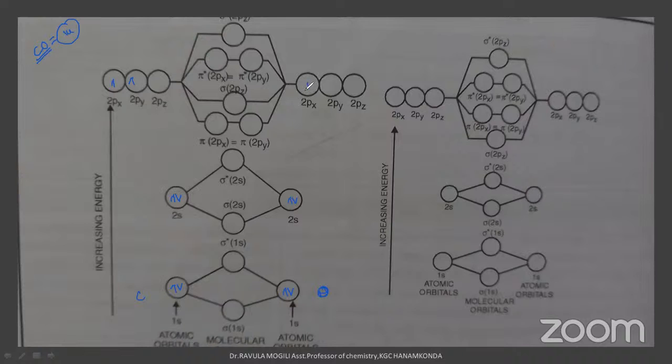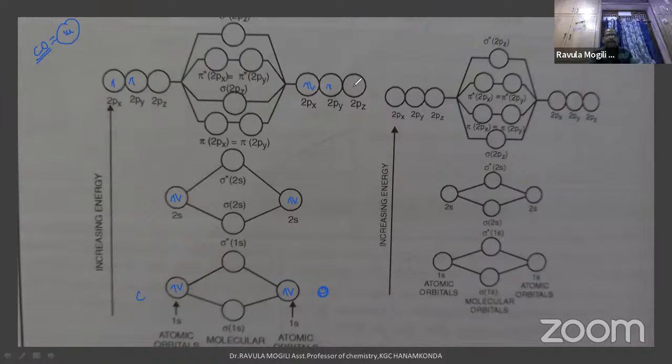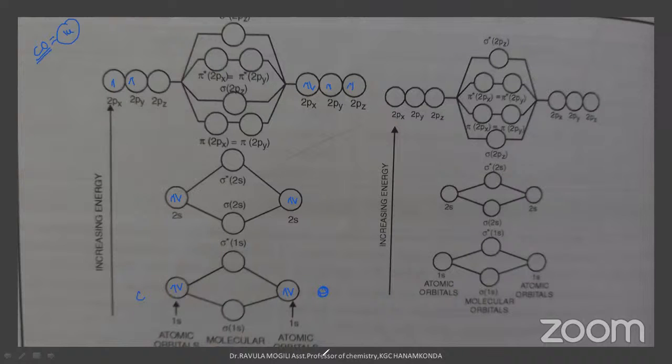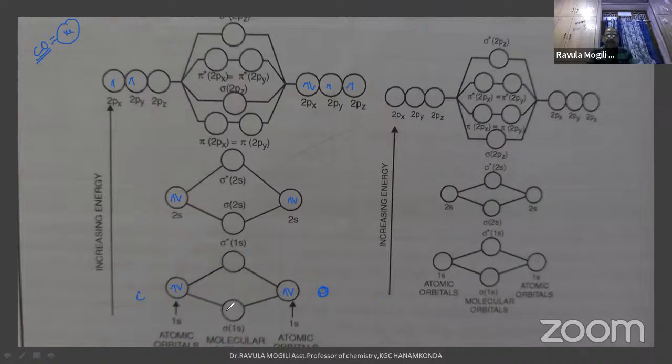This is for carbon, for filling of electrons. 2 plus 4, how many electrons? 6.